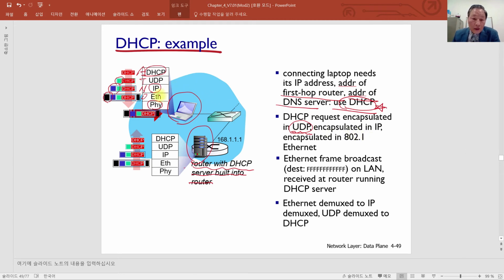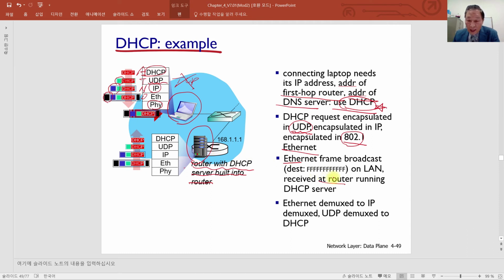That is then encapsulated in an Ethernet frame, broadcast as the destination on the LAN. It is simply broadcast because we don't know any specific IP address for that, and it will arrive there because they are located in the same subnet, and the router is doing that functionality.